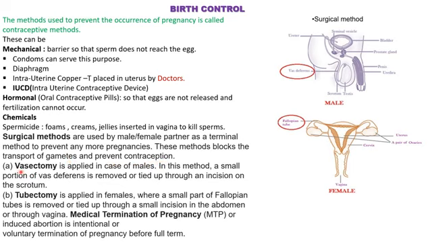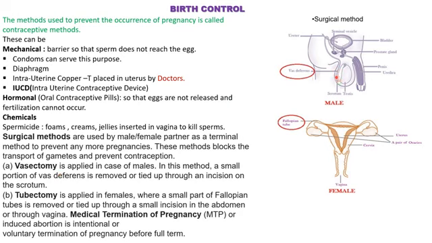So let's take the first method, that is vasectomy. Vasectomy is applied in the case of males. Here you can see vas deferens and vasectomy. Tomy means you are cutting it. So you cut a piece of the vas deferens from here.